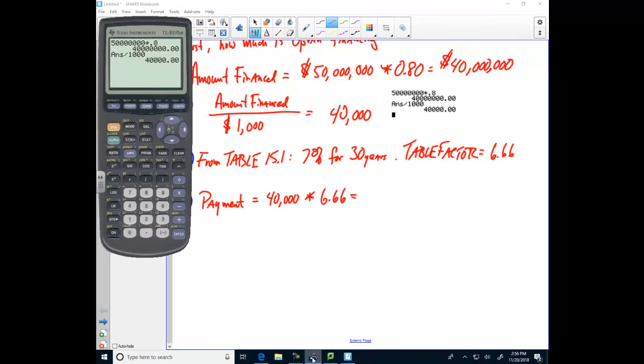Calculator. Now the good news is, at least in my calculator, I have the 40,000 already there. So if I do multiplication, hit the multiply sign, times 6.6.